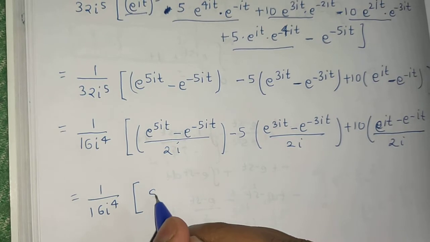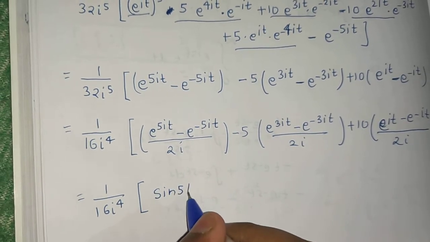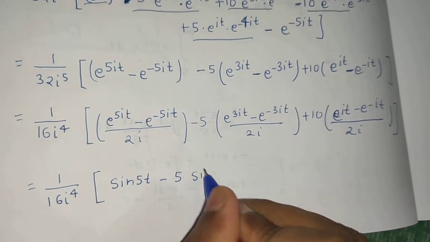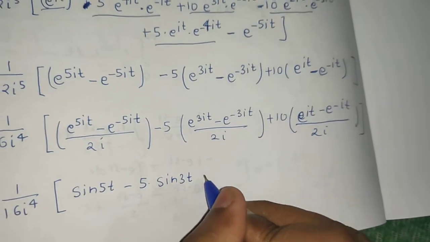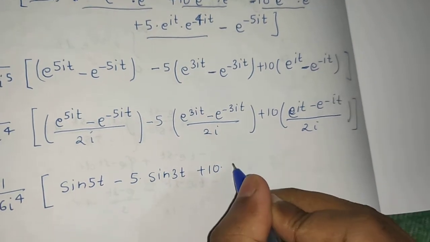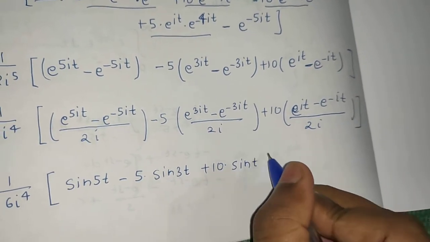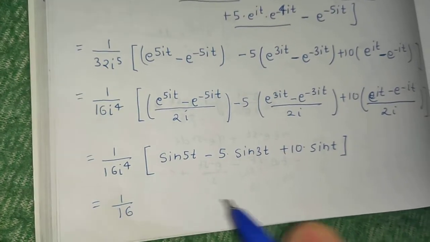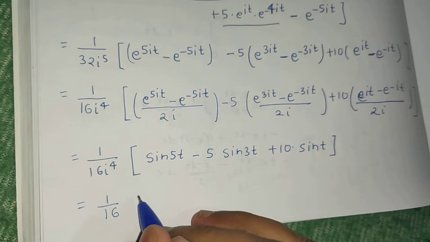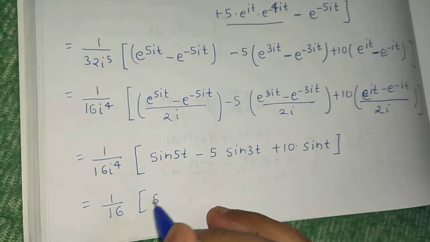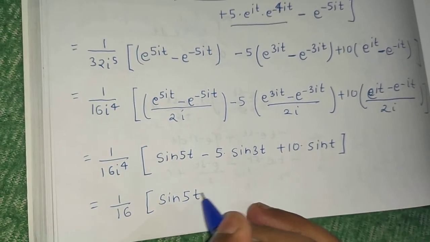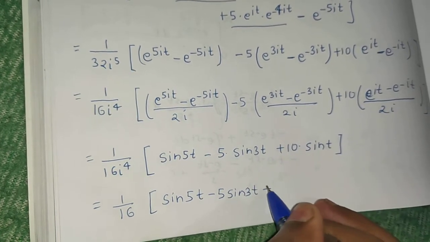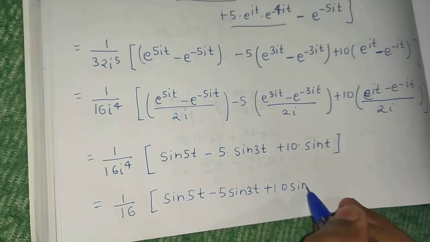So sin 5t minus 5 times this is sin 3t, this is sin t simply. This is 1 upon 16. Okay. Now sin 5t minus 5 sin 3t plus 10 sin t.